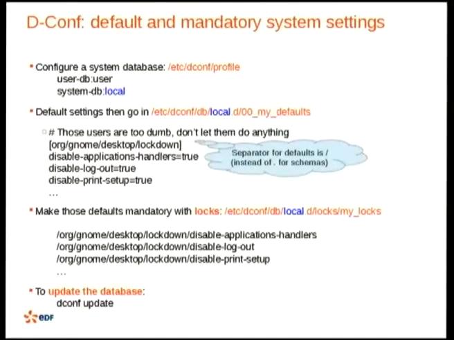And these defaults will be matched to locks. Sorry. You set the defaults, and you set locks together. And when setting a file of locks, the settings listed here will not be modifiable anyway. So it gives the same results as what you have with gconf, but it's a bit more complicated. And don't forget dconf update whenever you change the system database.